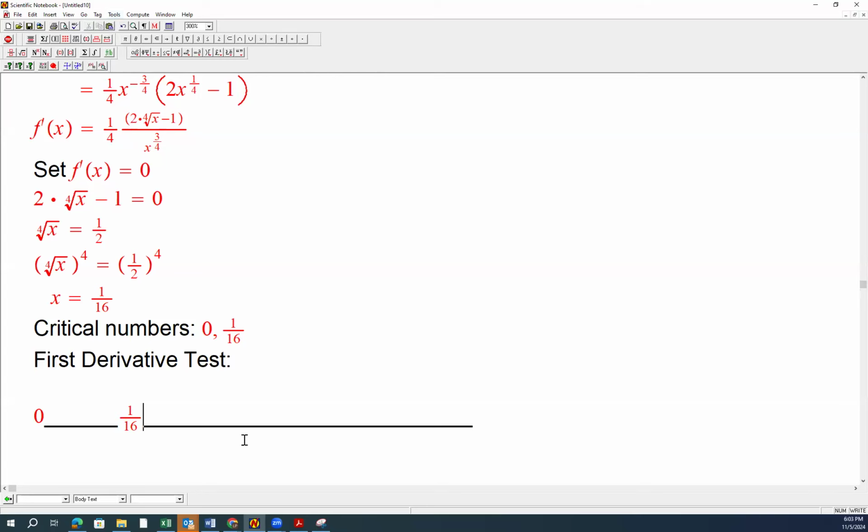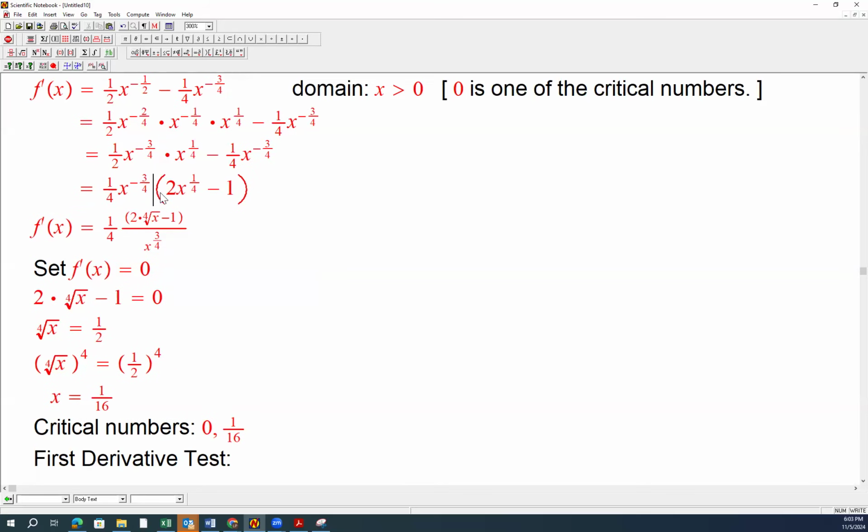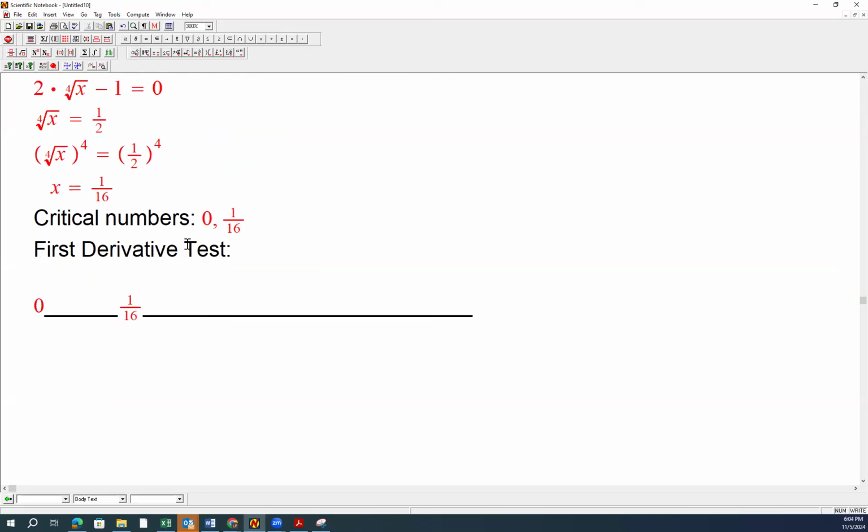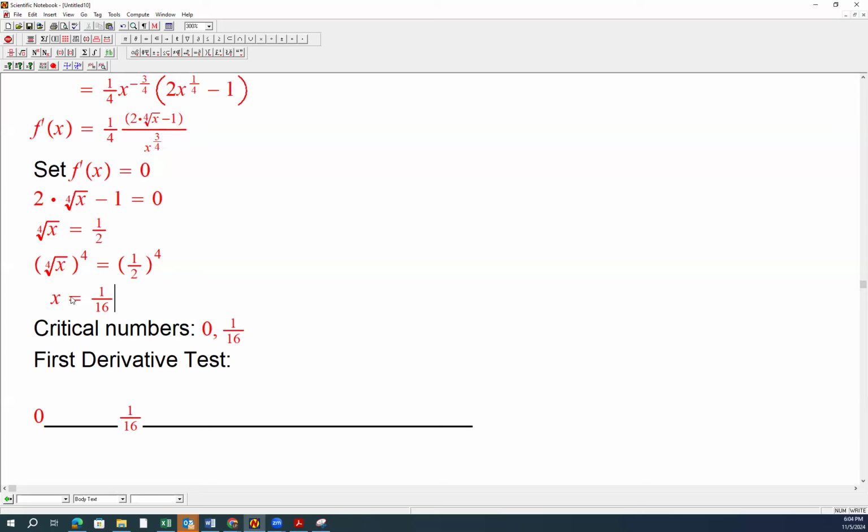Between 0 and 1/16, the denominator is positive for sure. The denominator is always positive, right? So the numerator, when x is less than 1/16, what is the sign?